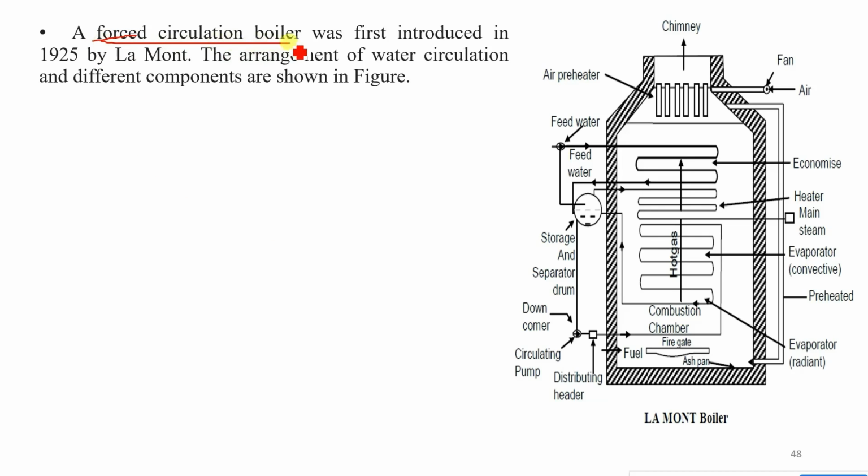A forced circulation boiler was first introduced in 1925 by Lamont. The arrangement of the water circulation and the different components are shown in the figure.